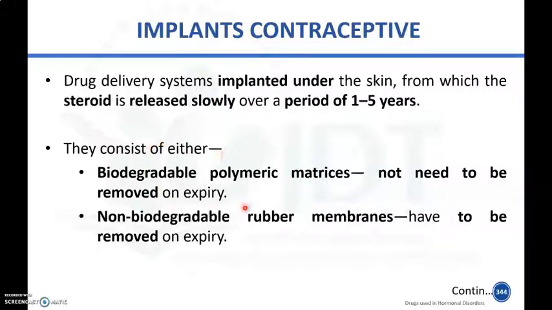If we use a biodegradable polymer matrix, we don't have to remove it on expiry because it will degrade automatically. But if we use non-biodegradable rubber material, we have to remove it on expiry because it will not biodegrade in our body.